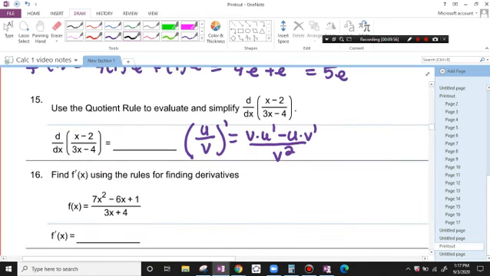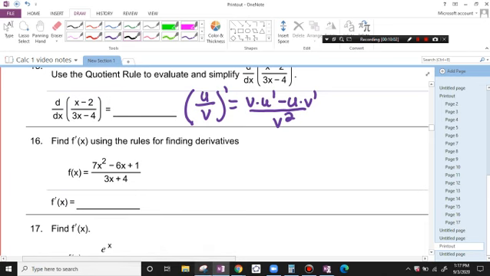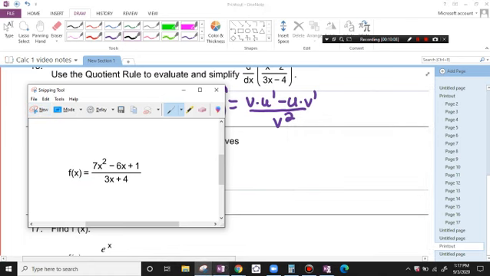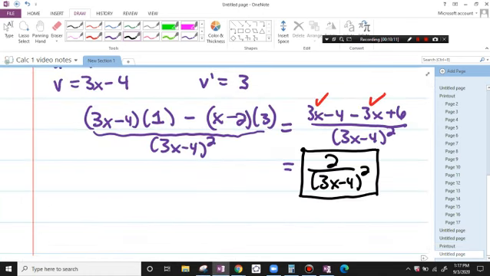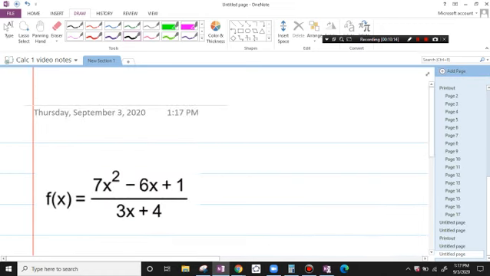Same thing here for 16. Just working through these things methodically, right? So when you see this, realize that we have to use the quotient rule, so we'll take u equals the numerator, v is the denominator.